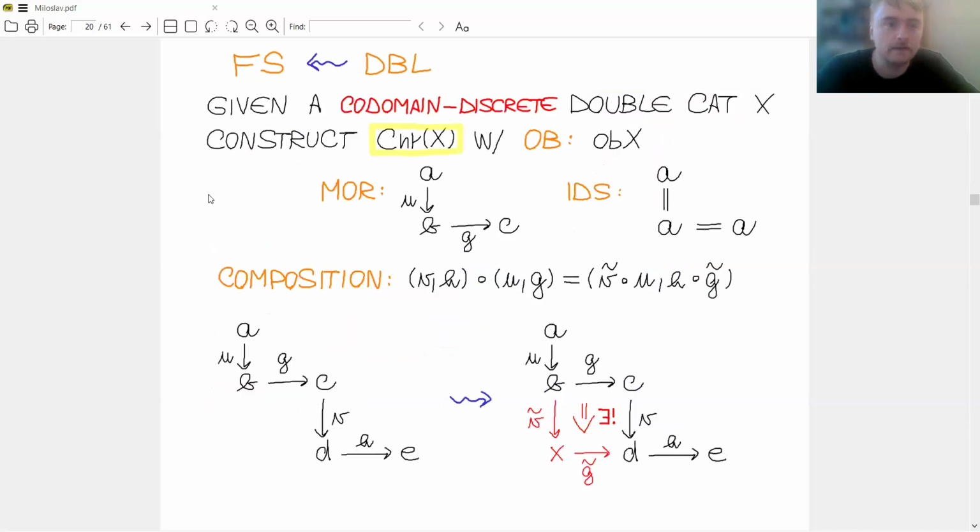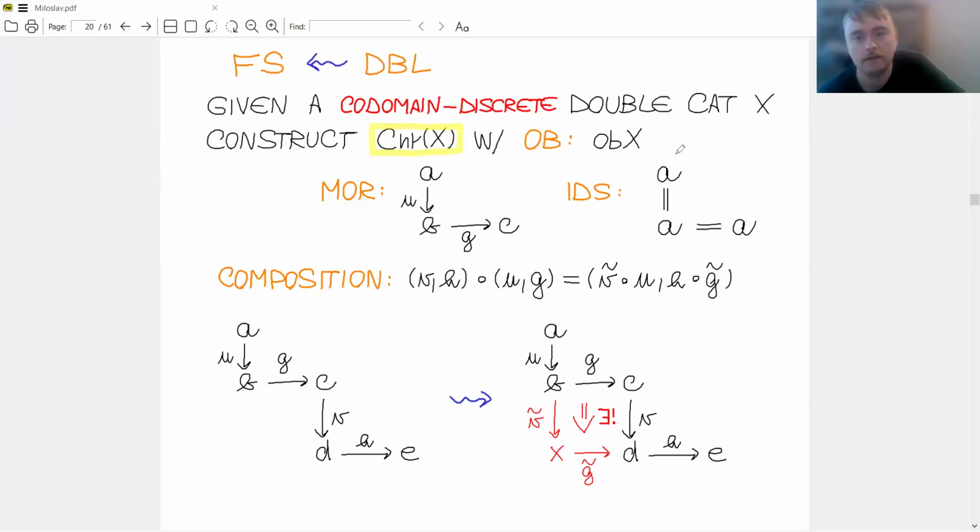So the other way around, let's assume we have a codomain discrete double category. We can construct the category of corners. This is a construction originally done by Mark Weber in his paper on internal algebra classifiers. It proceeds as follows. This category has the objects of X, and morphisms are bottom left corners, so tuples of a vertical morphism followed by a horizontal one.